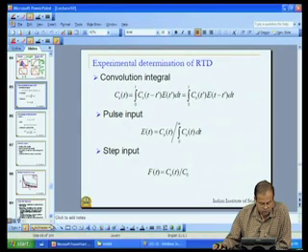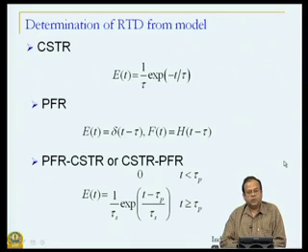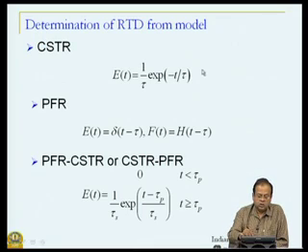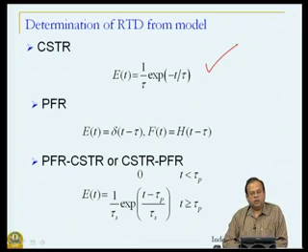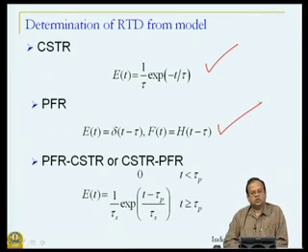let's try to summarize it in this particular slide over here. If we have a single CSTR, this is my residence time distribution. If I can describe my reactor by a single plug flow reactor, this is my residence time distribution.